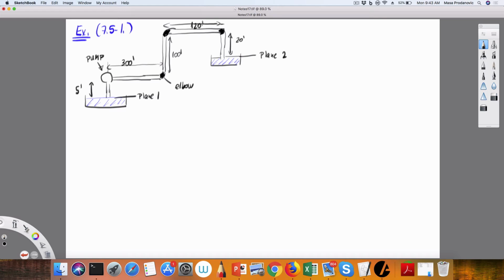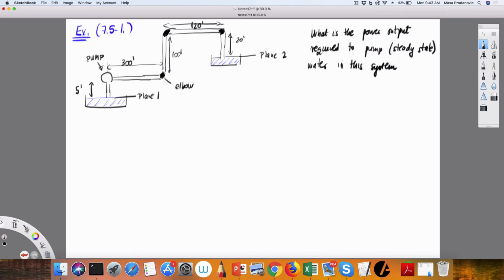Relatively simple system, the way systems go. And the question is, what is the power output required to pump steady state water in this system, at the rate Q of 12 cubic feet per minute?